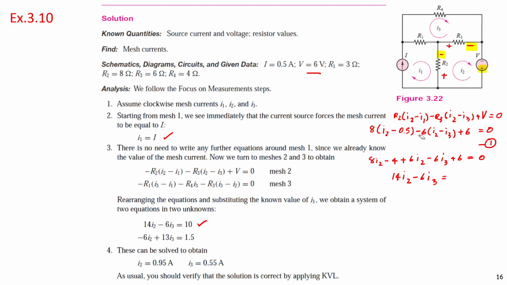Then minus and plus here, and this is minus also. Minus here and minus here. This is minus, this becomes plus. Minus, and then this is minus and this is plus here. Okay, equal to 10. So we get the same equation now.